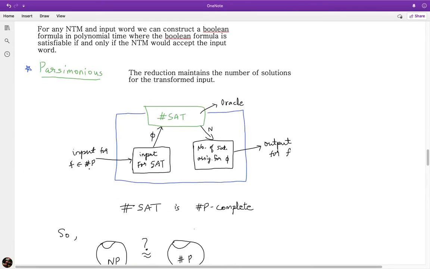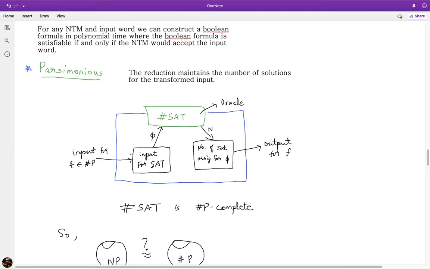So we convert the input for computing function f which belongs to HashP into a Boolean formula phi, and then we input this to the HashSat oracle, and this gives us the number n, which is the number of satisfying assignments for phi, and this is nothing but the output for f.